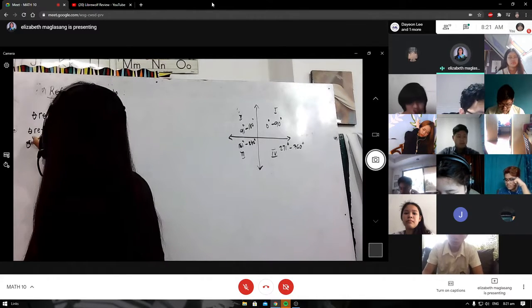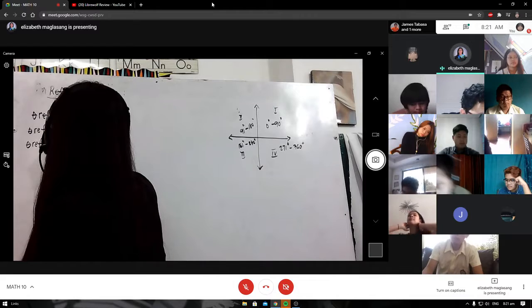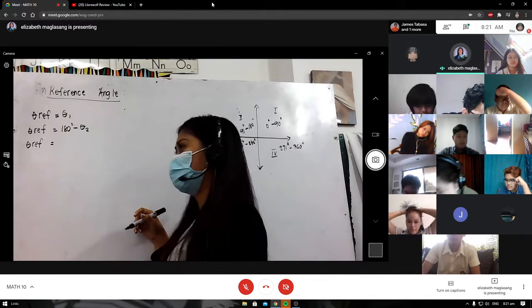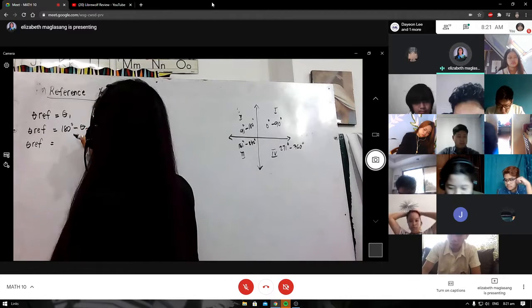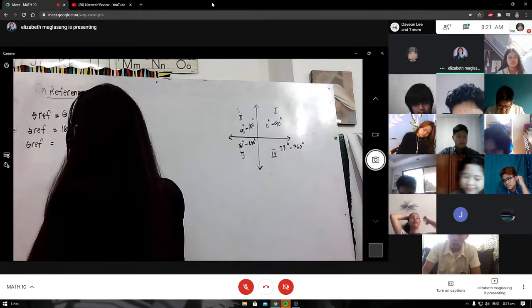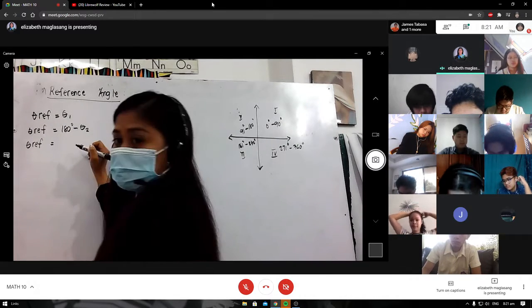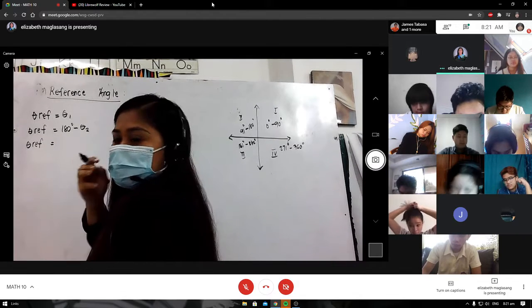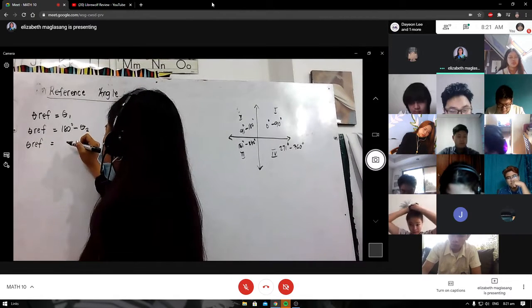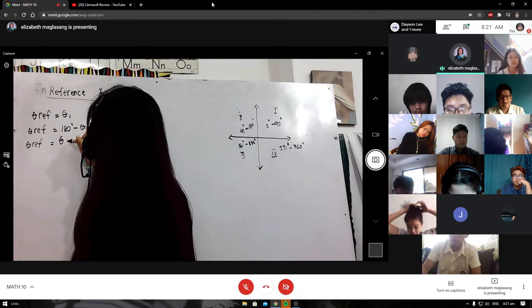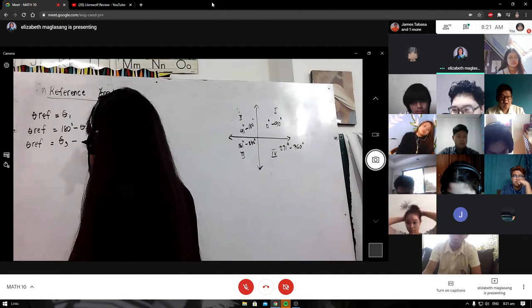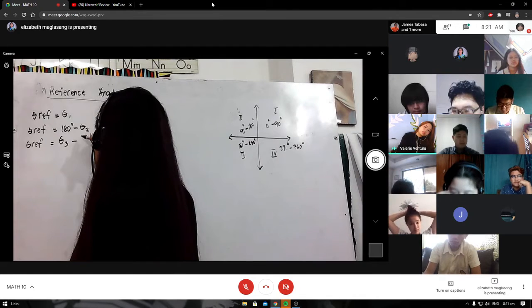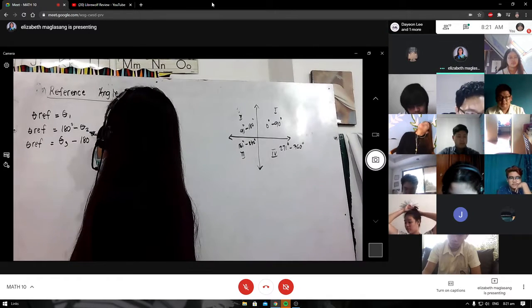Then the reference angle in quadrant 3, what if your given angle is in quadrant 3? The formula is the given angle on your quadrant 3 minus 180 degrees.